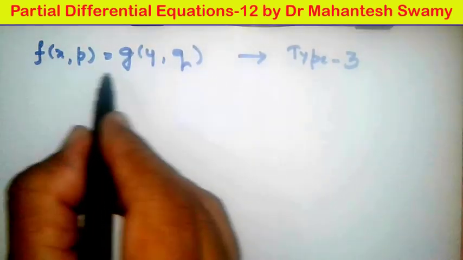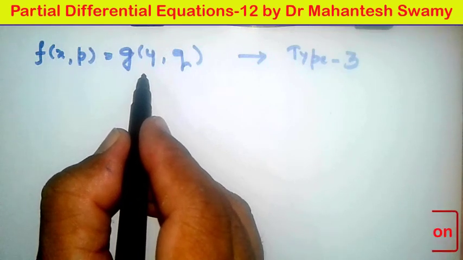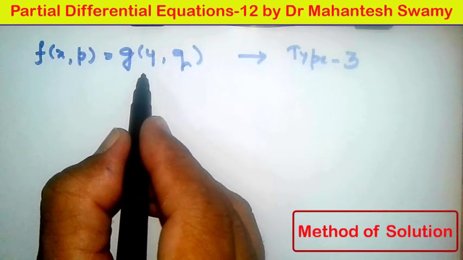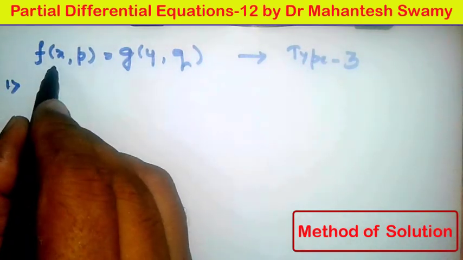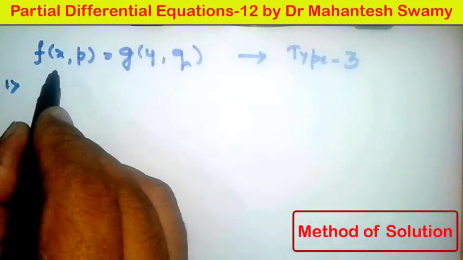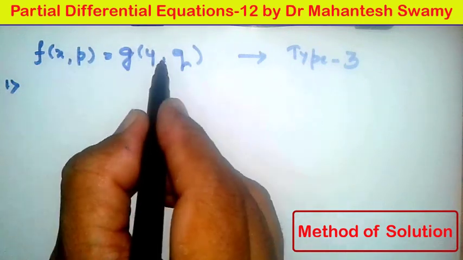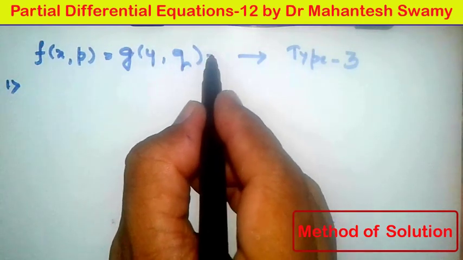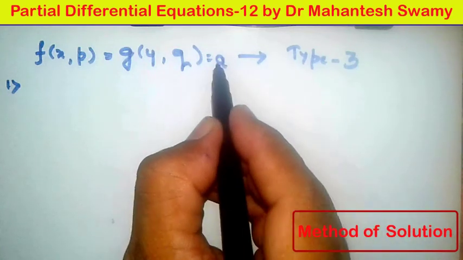In order to solve this type of partial differential equation, in step number 1, we have to take each side equal to some arbitrary constant a. We know that this is equal to this, and we can take each side equal to an arbitrary constant a.